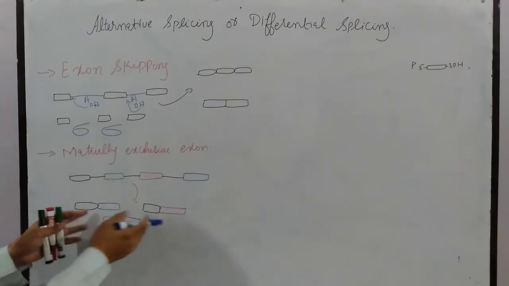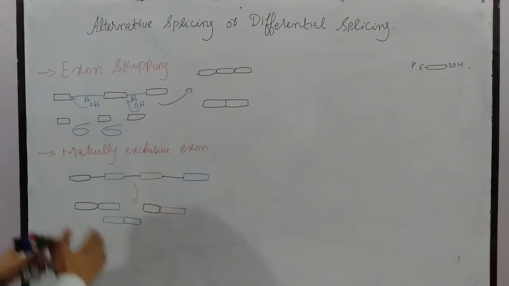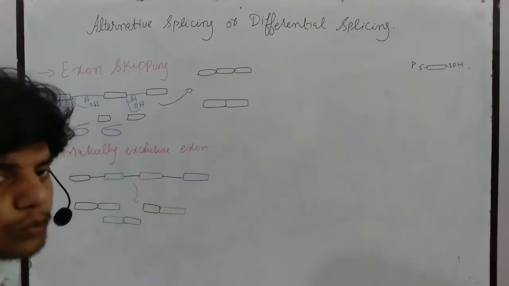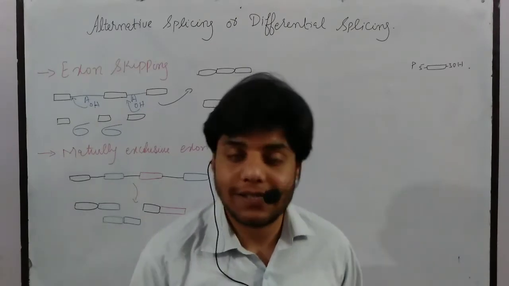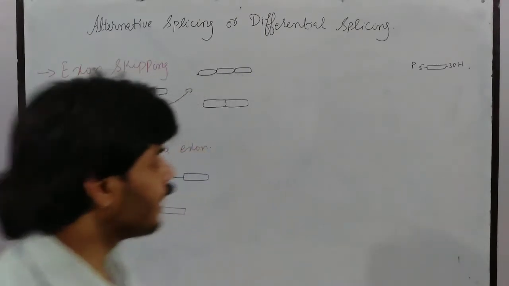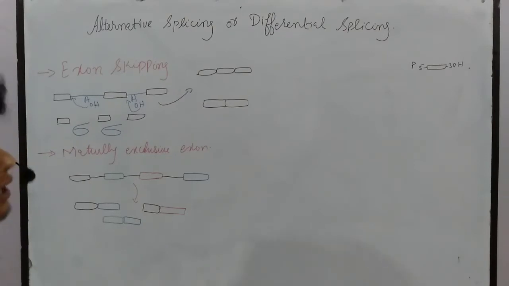Okay, so these are the main possibilities that will occur. So this is called mutually exclusive exon, and it will also occur in the alternative splicing technique as well. This is the second change that may occur in alternative splicing.